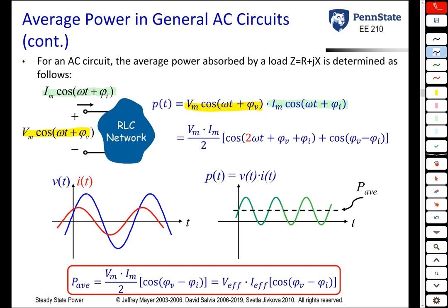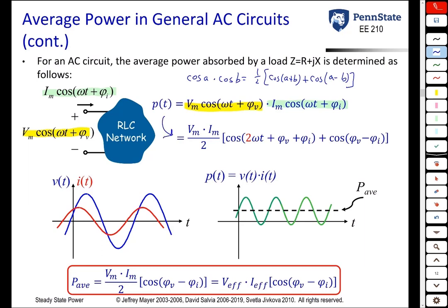But let's use a trig identity to simplify that a little bit. Cosine A times cosine B is what? It's one half times cosine of A plus B plus one half times cosine of A minus B.